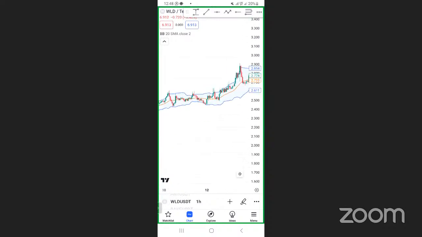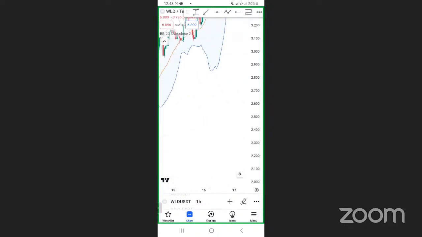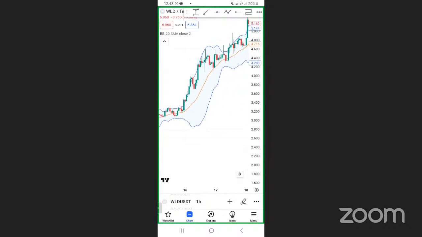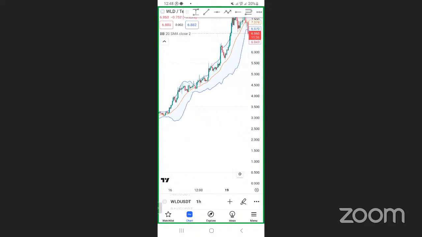You get it? I think there was an opportunity here. This would have entered, targeting the middle band, 2.5%. Sometimes the market will overstay in between the middle band and the upper band.